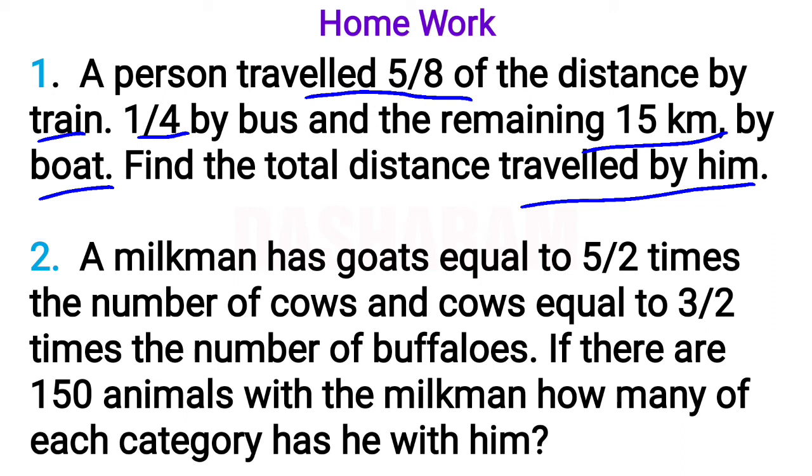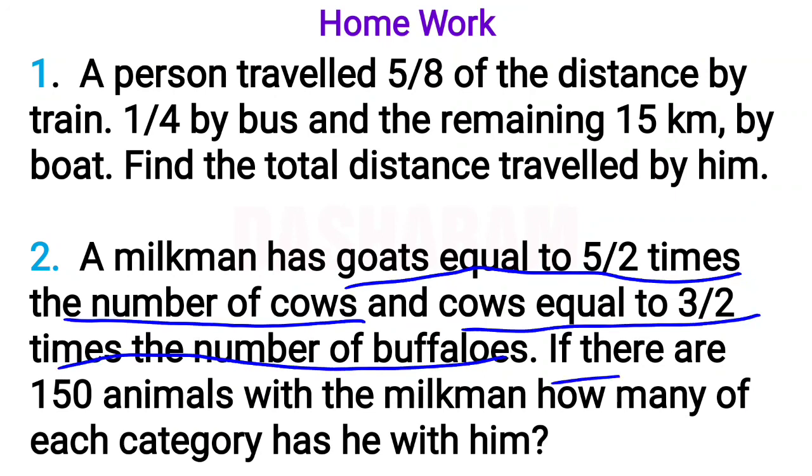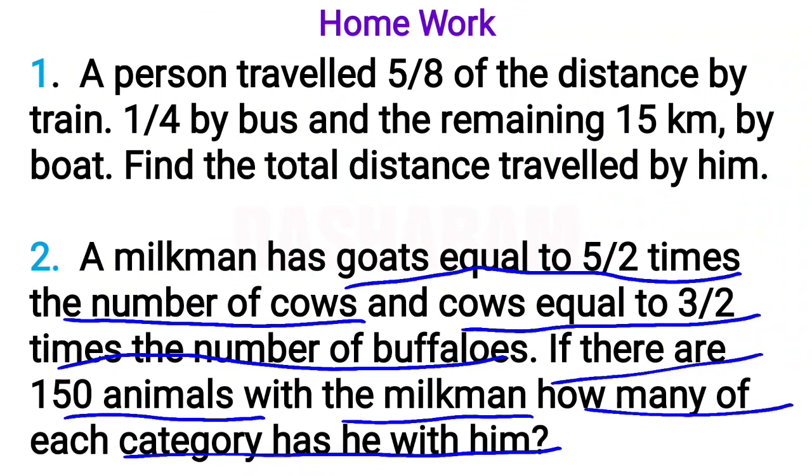Here we should take the total distance travelled by him as x kilometers and do the answer. Next, second question: a milkman has goats equal to 5/2 times the number of cows, and the cows equal to 3/2 times the number of buffaloes. If there are 150 animals with the milkman, how many of each category does he have with him?